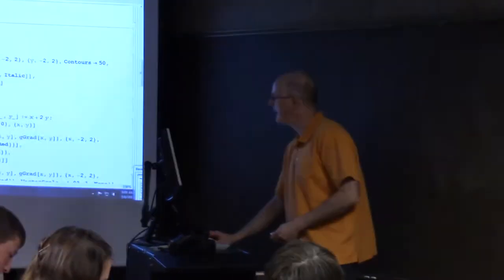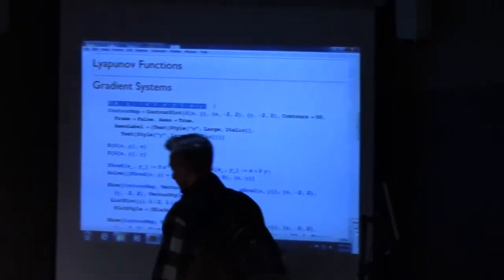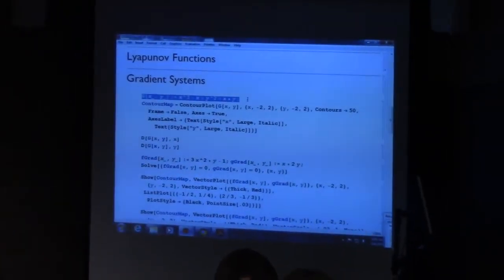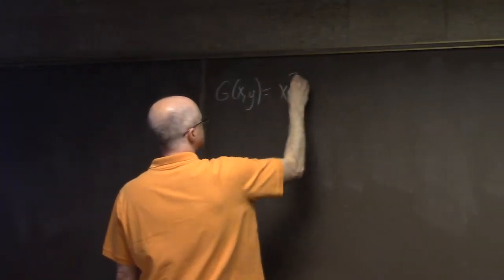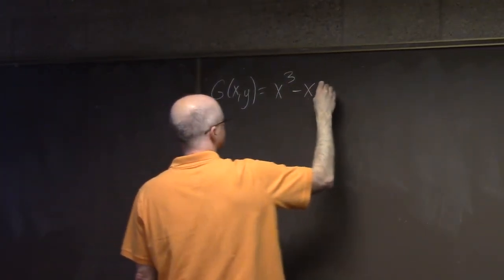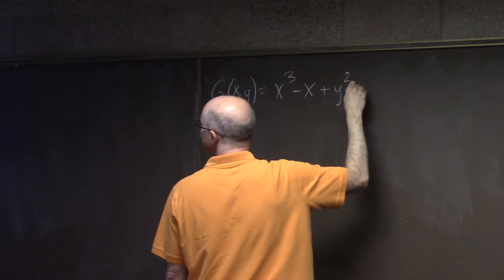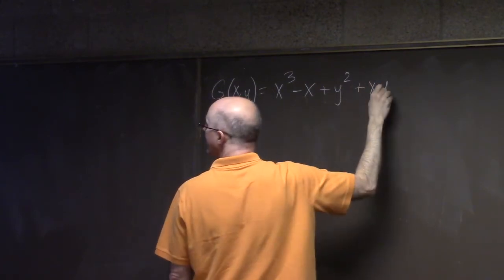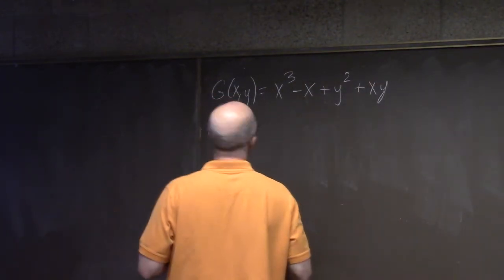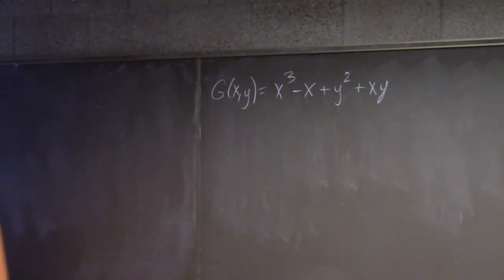So I've got a function here. Capital G is what I called it. G of x y equals x cubed minus x plus y squared plus x times y.